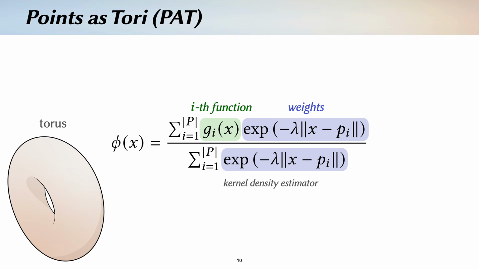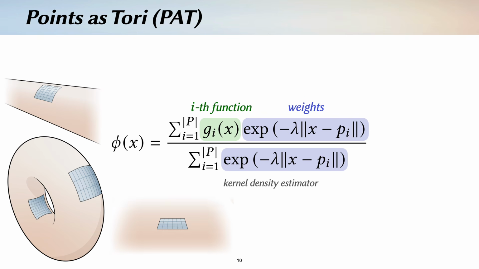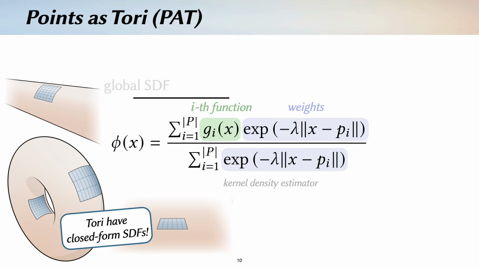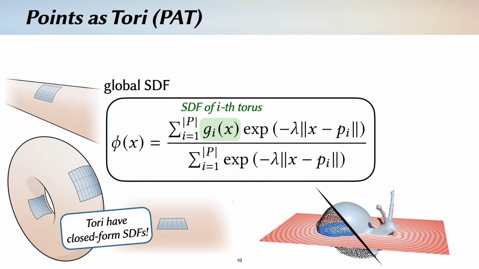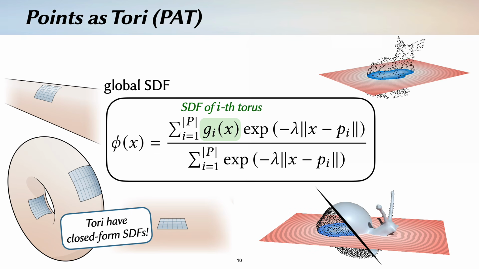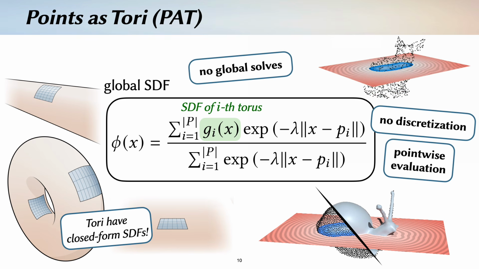Not only can Tori locally approximate the underlying surface up to second order, each torus has an efficient closed-form SDF that enables fast evaluation of the global SDF. In the end, our algorithm approximates signed distance to the true unknown surface while enabling fast evaluation at arbitrary resolution, and it does all this without requiring global solves or spatial discretization.